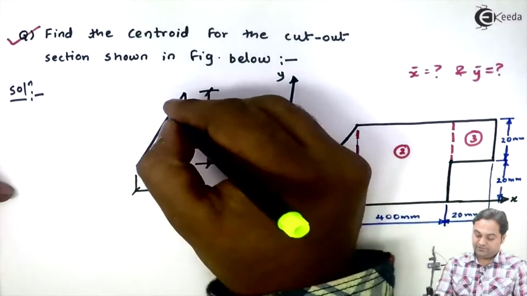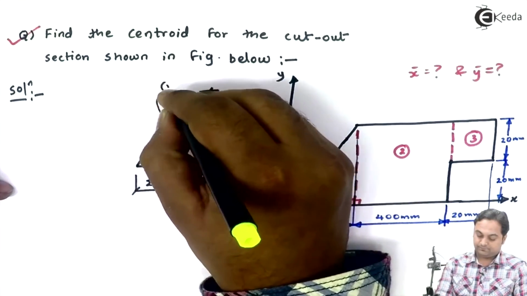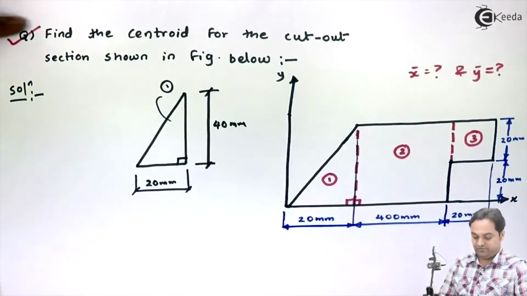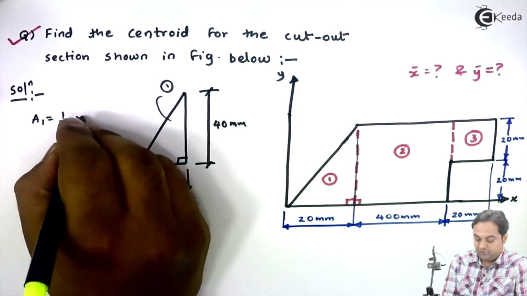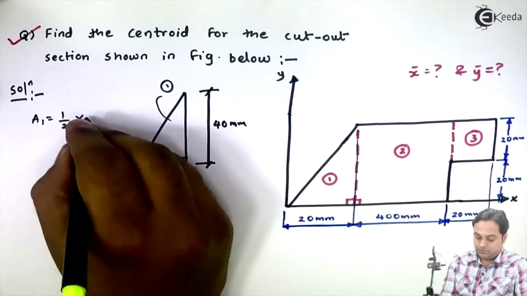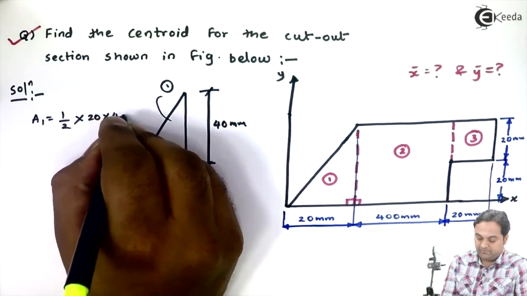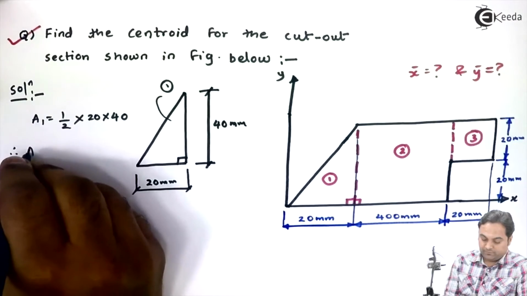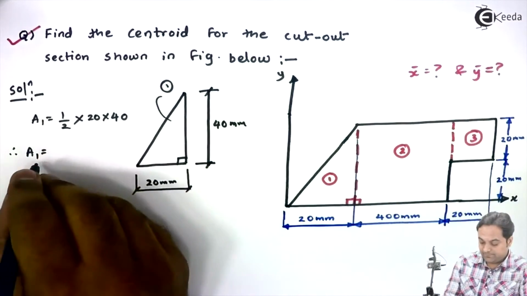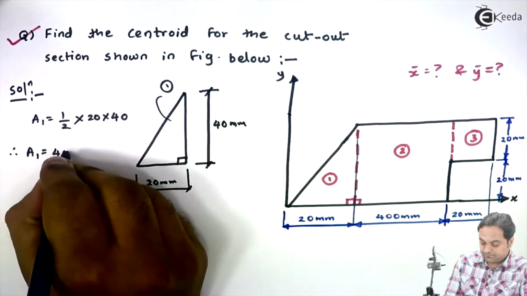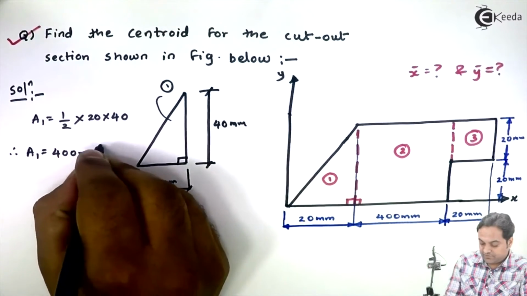So area for this triangle, which is the first figure for us, A1, is equal to half into base into height. So half into 20 multiplied by 40. Therefore, area 1 value will be 400 mm square.